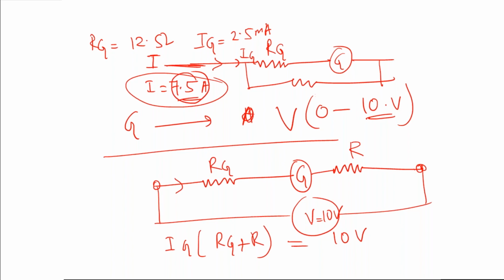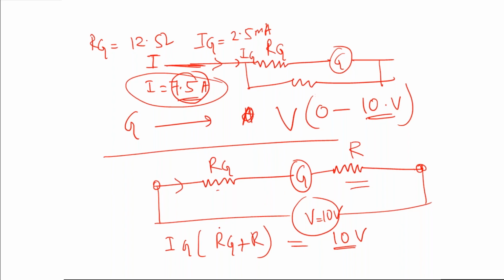In this case, the maximum range of the voltmeter will be the voltage across the whole combination. The very high resistance in series with the galvanometer converts it to a voltmeter. The voltage across these two resistors in combination will be the maximum range.